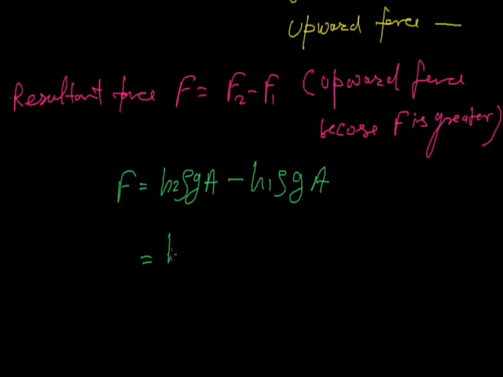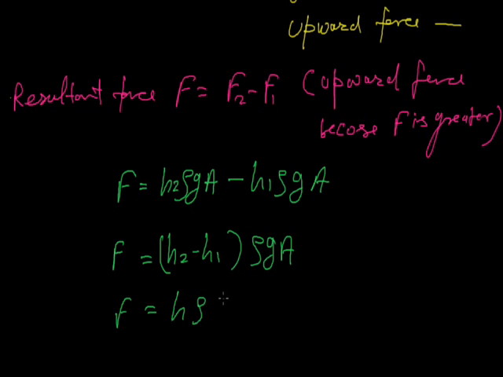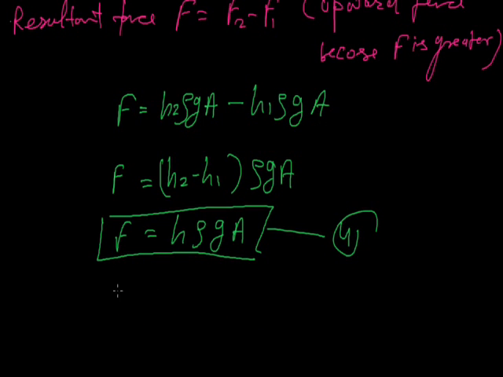It is equal to h2 minus h1, because rho g A is common, and h2 minus h1 is h, the height of the cylinder. So F equals h A rho g. This is the resultant force in the upward direction, and this is the buoyant force.